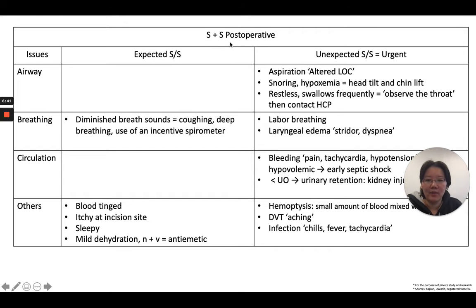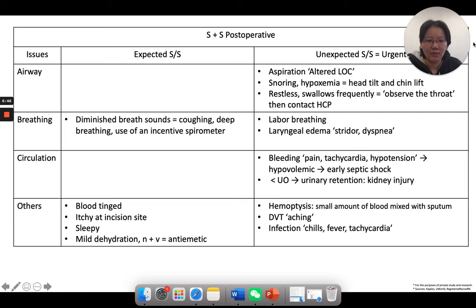Again, similar, but this applies to post-operative, because in post-operative, the question likes to say a patient had a certain surgery, came back, and presents the following signs and symptoms. What should we do? So I categorize again into expected, unexpected, A, B, C, airway, breathing issues, and others.